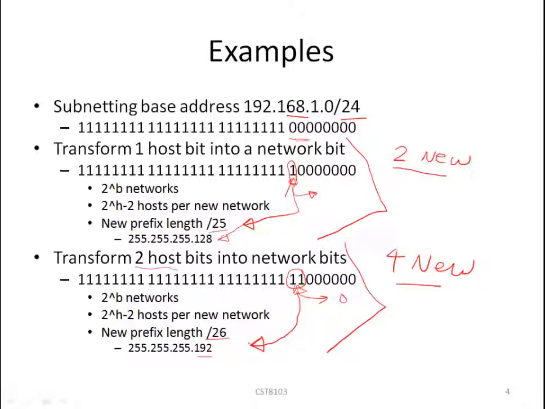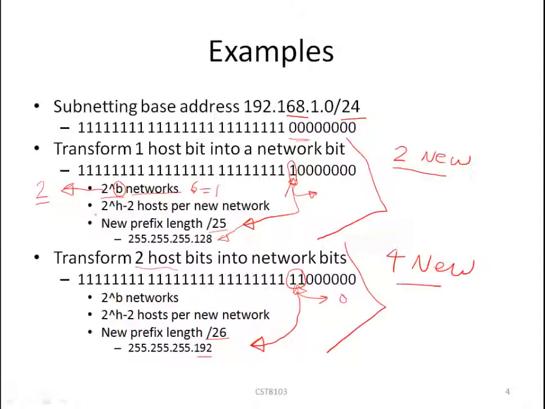So the little formula here is 2 to the b, where b represents the number of borrowed or transformed bits. So b is 1, so 2 exponent 1 is 2 new networks. This formula gives us the number of new blocks or new networks resulting from the transformation.